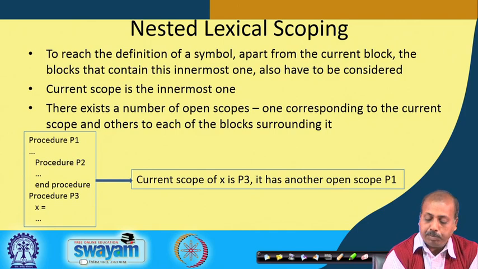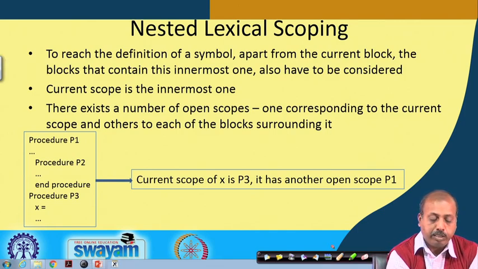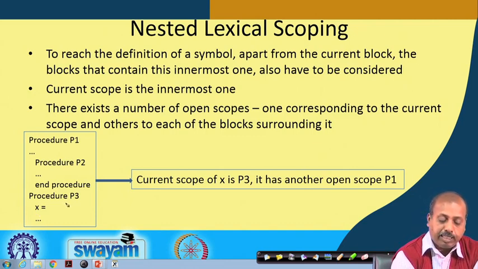Let us take this example where we have a procedure P1, and within this procedure P1 another procedure P2 has been defined, and this procedure ends at this point. Then we have a procedure P3, and in P3 we have a reference to x. Now, where to look for this x? This procedure P3 is nested within procedure P1. Similarly, procedure P2 was also nested within P1, but procedure P2 is over.